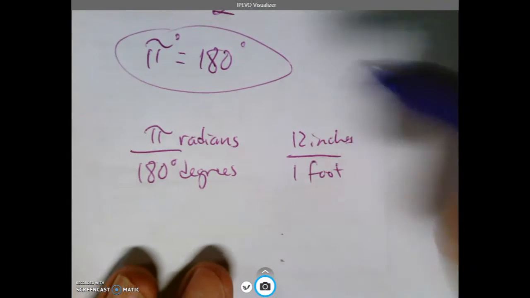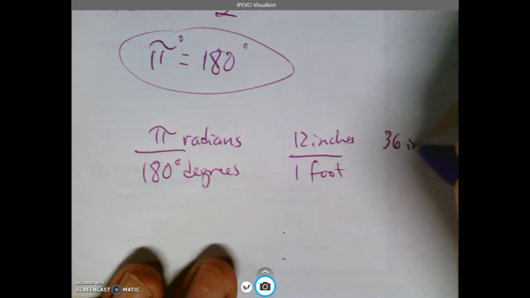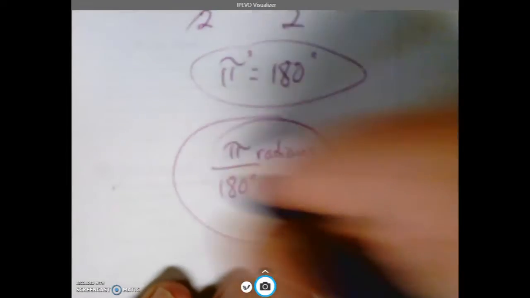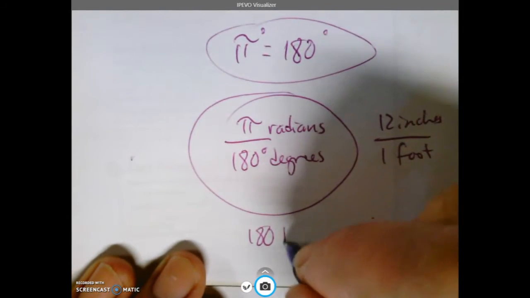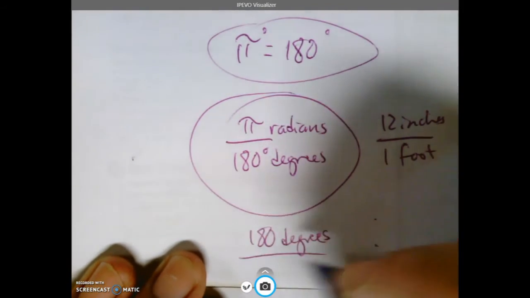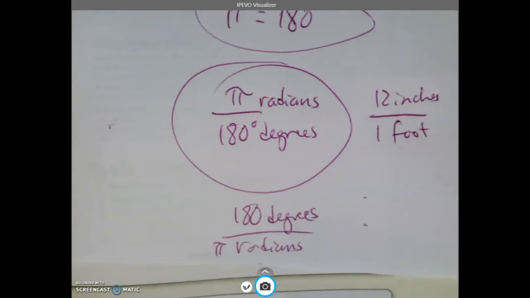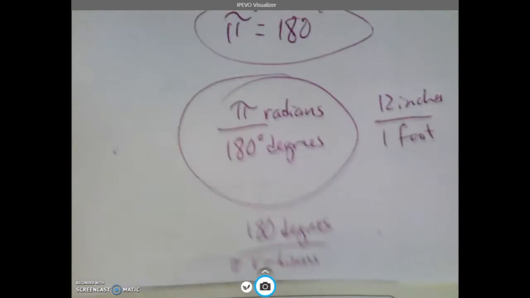It's a ratio. So 12 inches per foot, or 36 inches per yard, or how many feet per mile. Sometimes you have pi radians on top and 180 degrees on the bottom, and sometimes you have 180 degrees on top and radians on bottom. So how do you know when to use each one? Well, it's real easy.